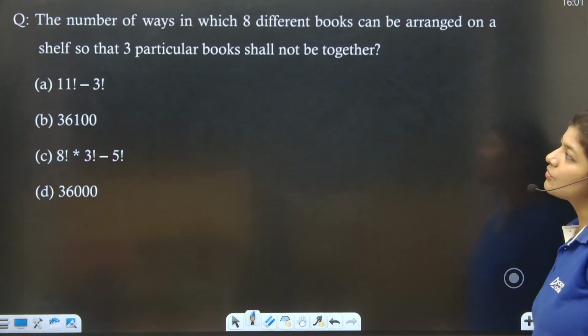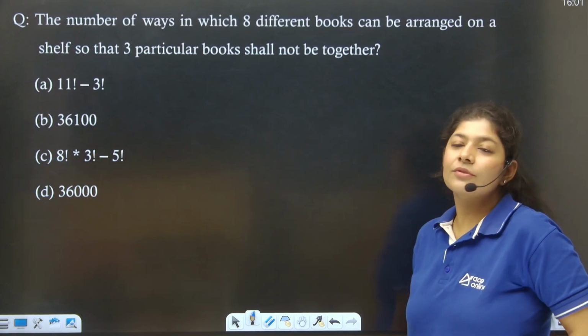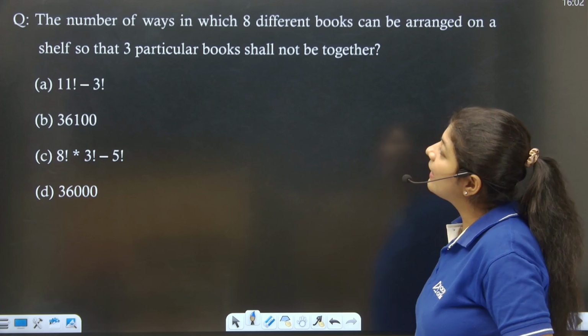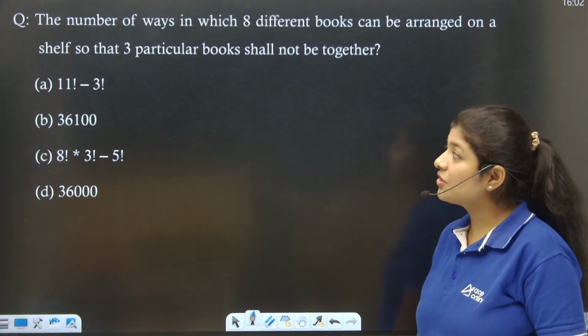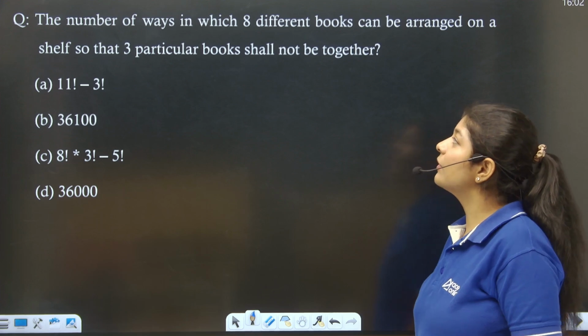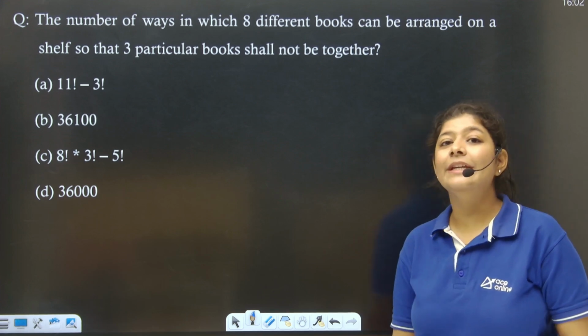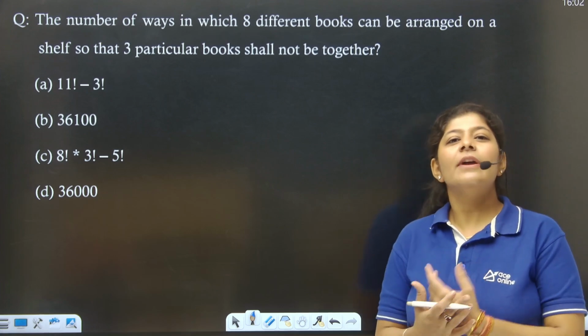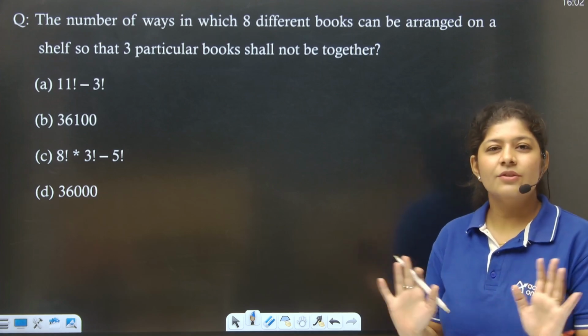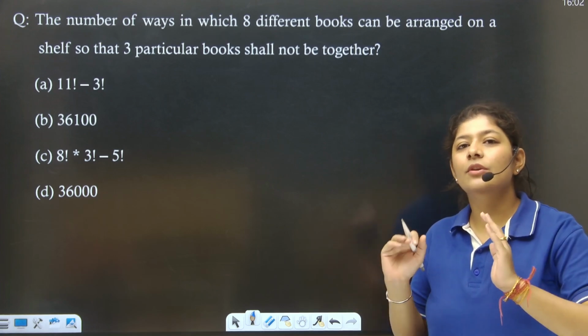Let's see what next question we are having. The next question is: the number of ways in which 8 different books can be arranged on a shelf so that 3 particular books shall not be together. Let's suppose we are not having any condition. There's no condition over here and we need to arrange 8 books.